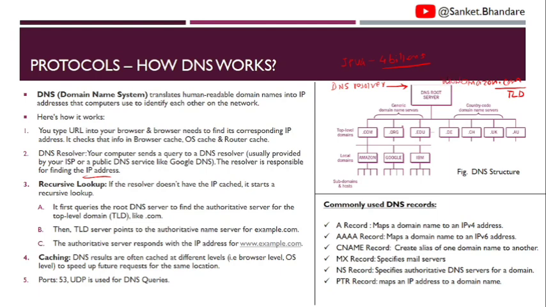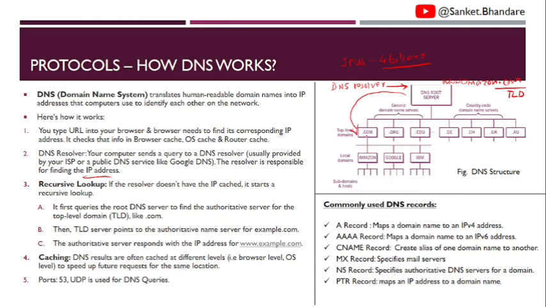Then the TLD server points to the authoritative name server for amazon.com. So let's suppose .com is the top level domain. The DNS root server will send our request to the .com top level domain.